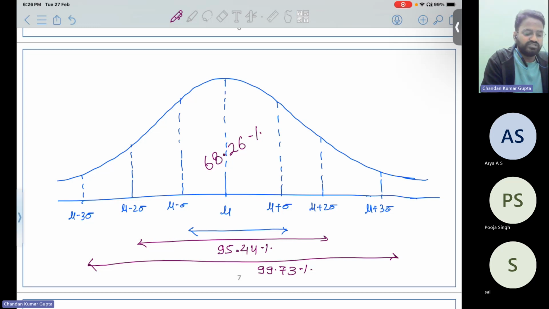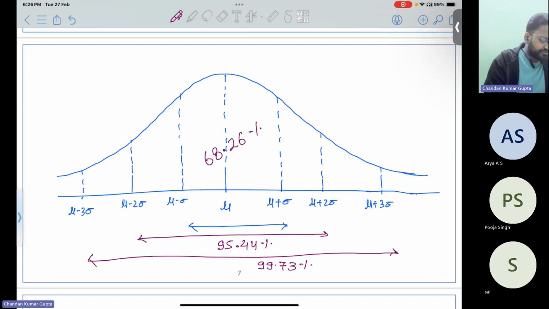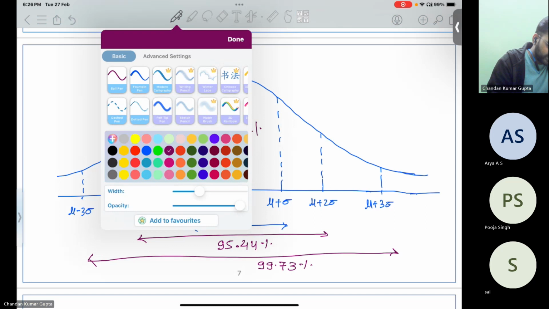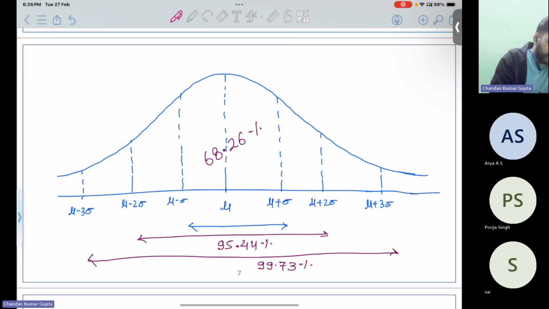Okay, so the normal distribution is mainly symmetric in nature. It is the property of the normal distribution. And since it is symmetrical, you may also write like this: 34.13% lies within mu minus sigma to mu.